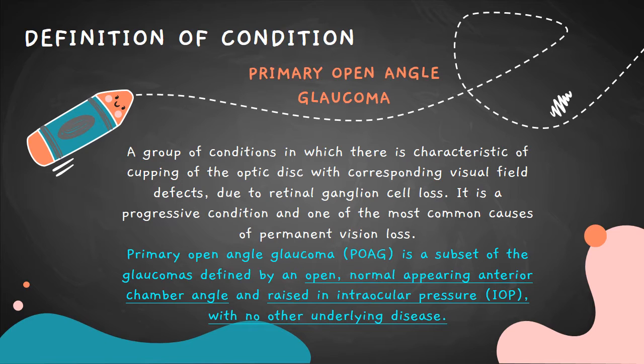Meanwhile, primary open-angle glaucoma, or POAG, is a subset of glaucoma defined by a wide, open and normal appearing anterior chamber angle and raised IOP, or intraocular pressure, with no other underlying diseases.